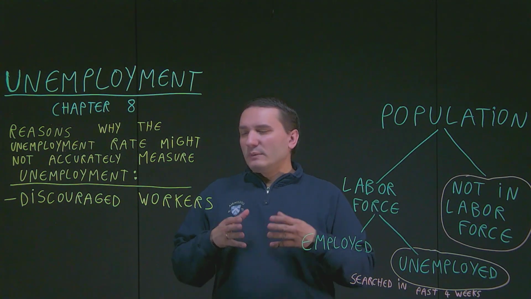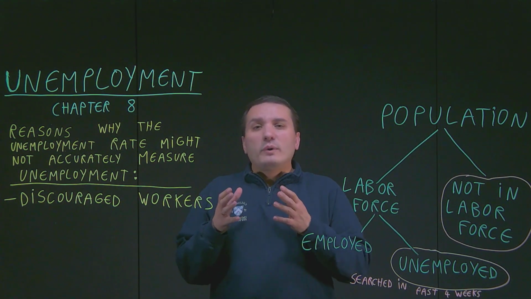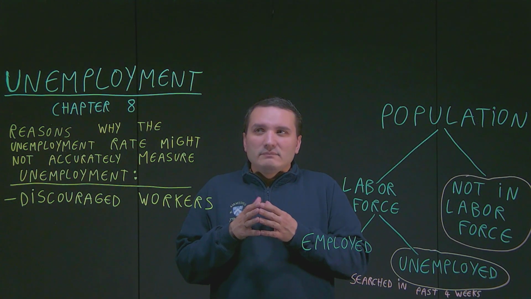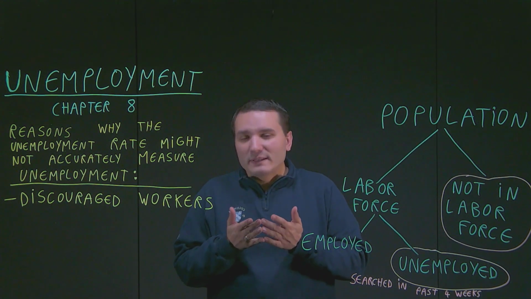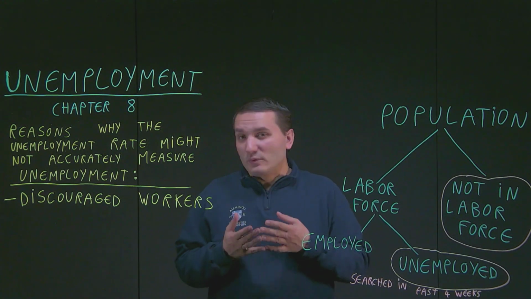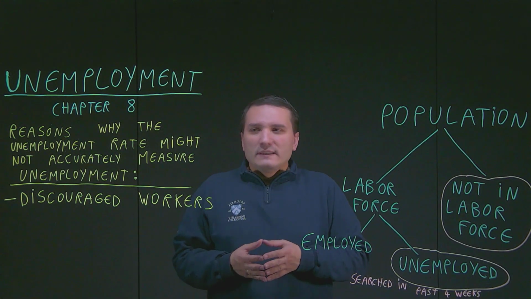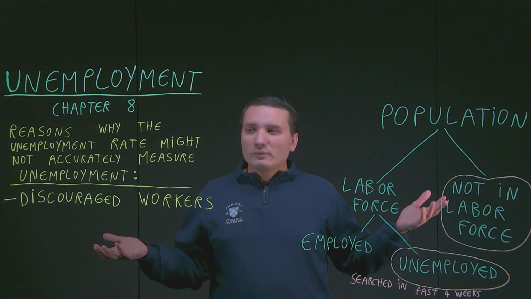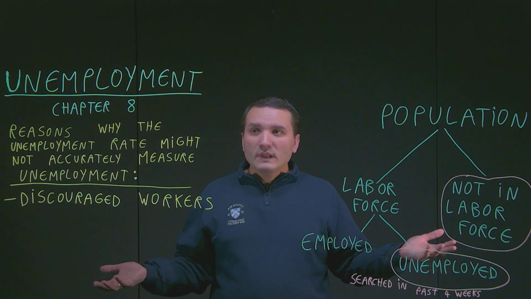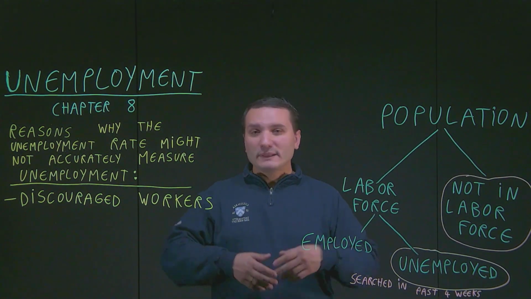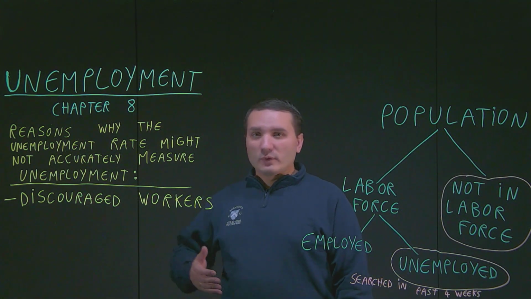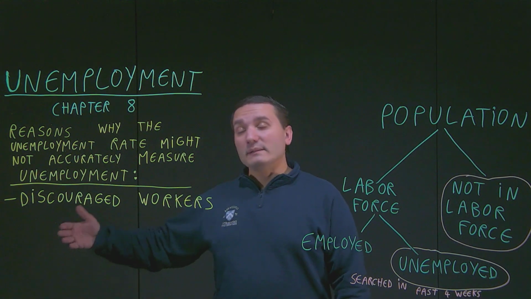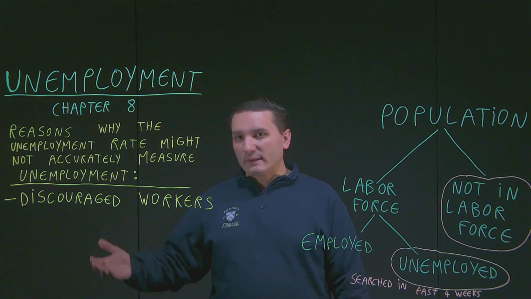But if you're working a small part-time job, then you might arguably be half unemployed, right? If you're working a small part-time job, but you really want a full-time job, then you have all this time available that you're not using. Sure, it might not be the full 40 hours a week, but it's a big chunk of your time that you would like to use for work, but that you are not using because you don't have a full-time job.